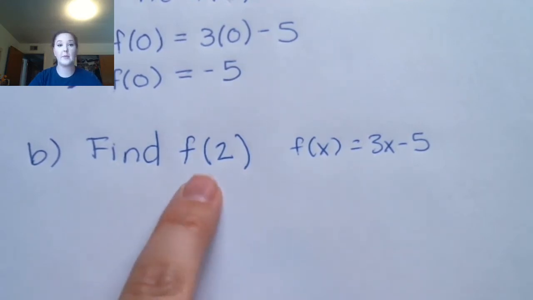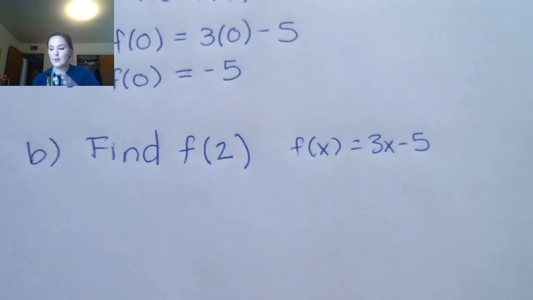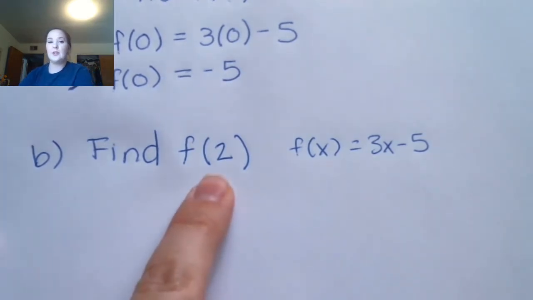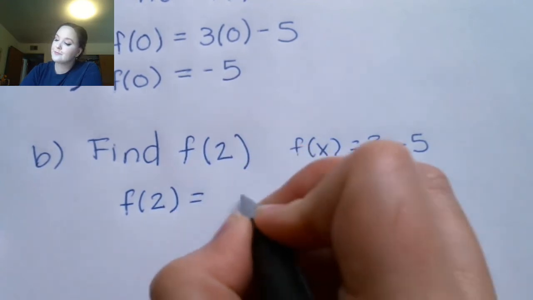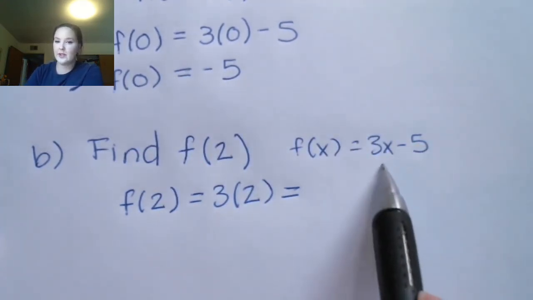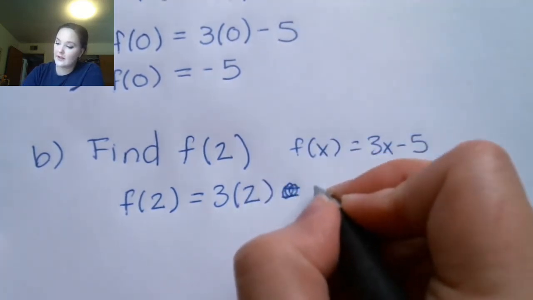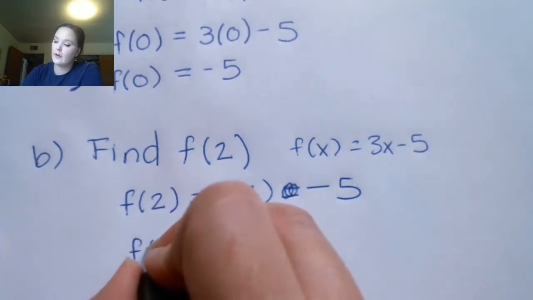Remember that's how you would say this, f of 2. So 2 is our input value, that's our x value. So we're going to input 2 into our function here for x. Oops, that is not an equal sign, that's a minus sign. 3 times 2 is 6, minus 5 is 1.